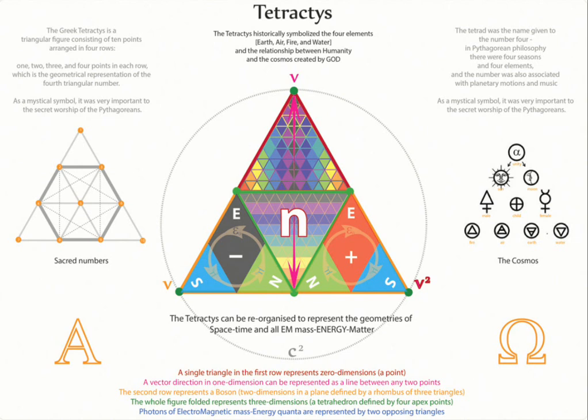Looking back at the Greeks, they invented a geometry called the Tetractys, I think it's pronounced, in which you'll note the numbering system represented the decimal system, or base 10: 1, 2, 3, 4, 5, 6, 7, 8, 9, 10.